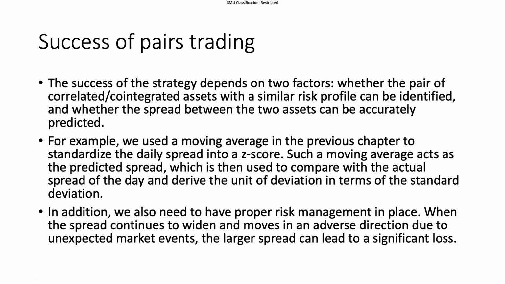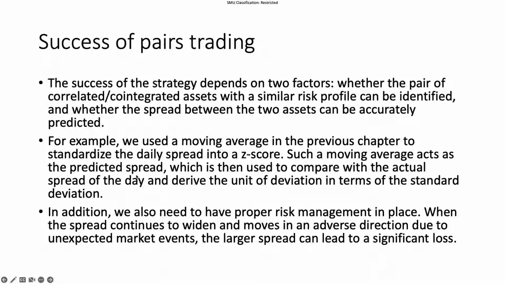So for example, we used the moving average in the previous chapter, the previous exercise, and this is used to standardize the daily spread into a z-score. So this is how we obtain the z-score from the spread. Such a moving average approach actually acts as the predicted spread.